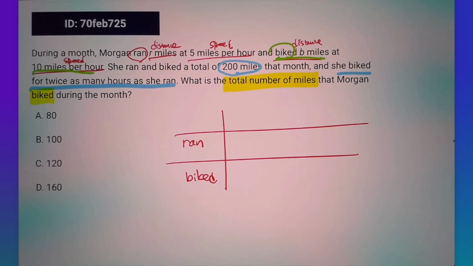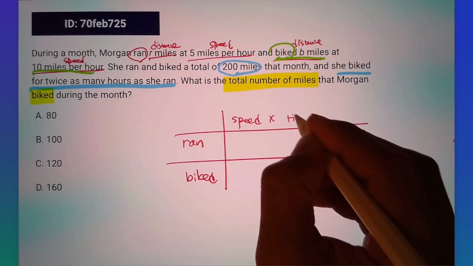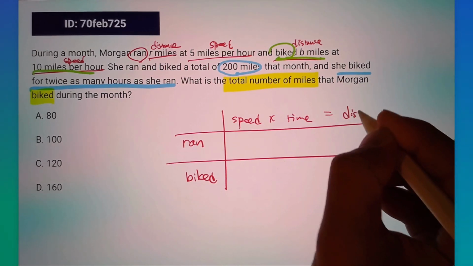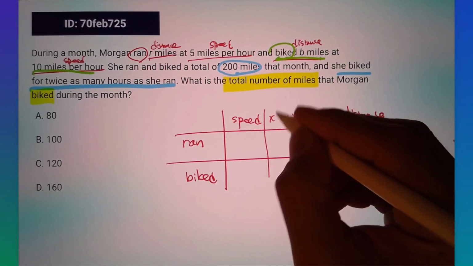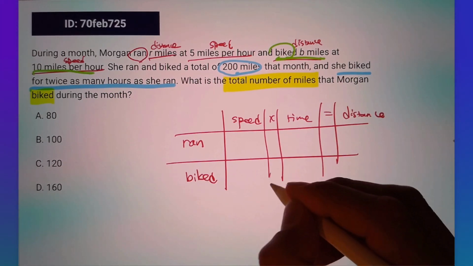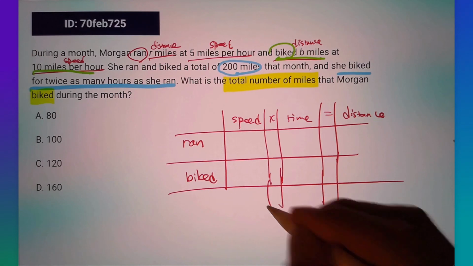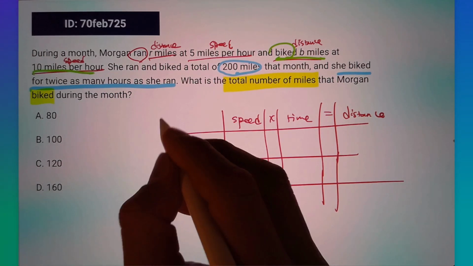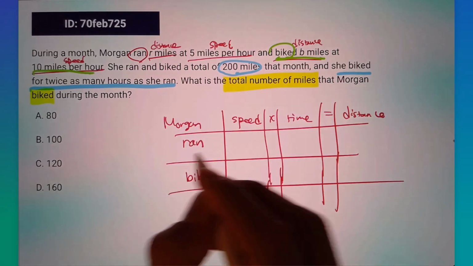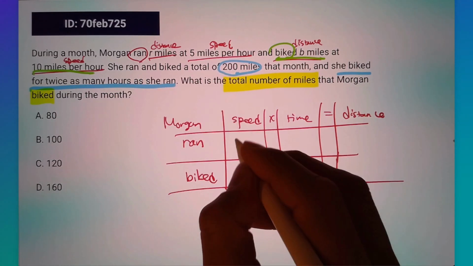And it's good to remember the formula that speed times time is equal to distance. Okay, so let's plug it in one at a time. So for Morgan, he ran at what speed? 5 miles per hour.